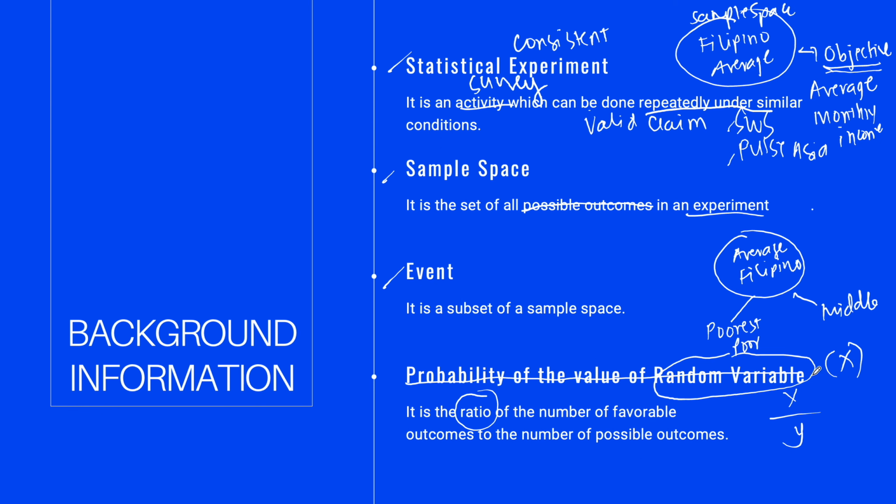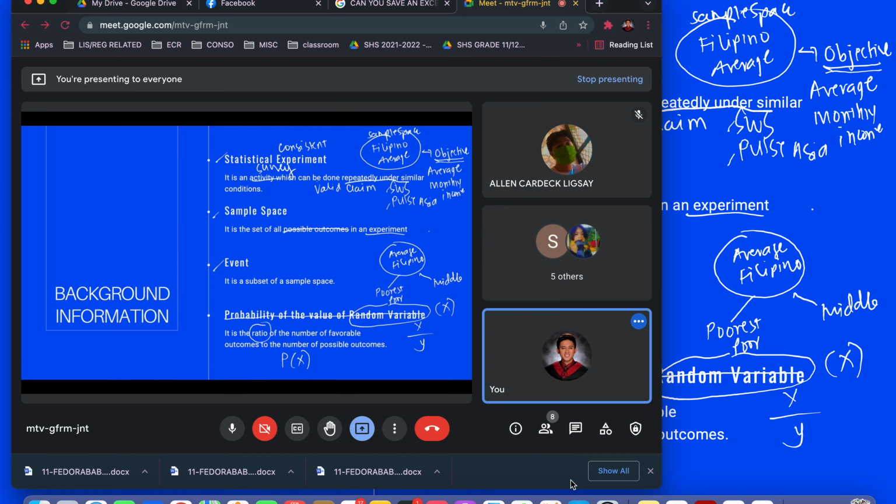Kung ita-translate natin to into a mathematical sentence, yung probability of the value of random variable is P of x. So, yan yung a little bit background information with our week 1. If you have any question, just raise your hand, then let's tackle your question.